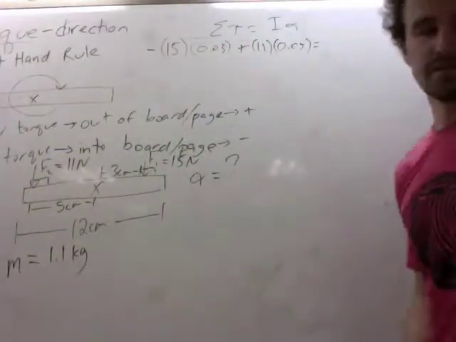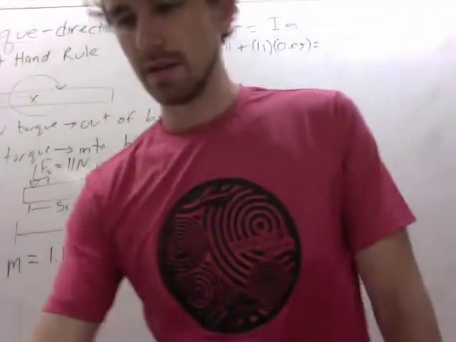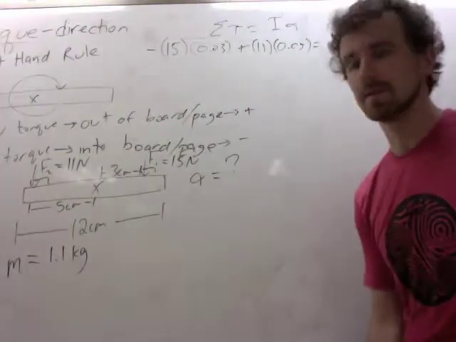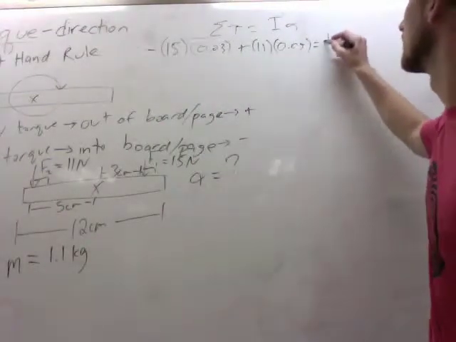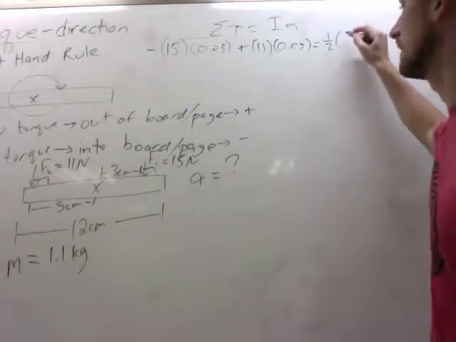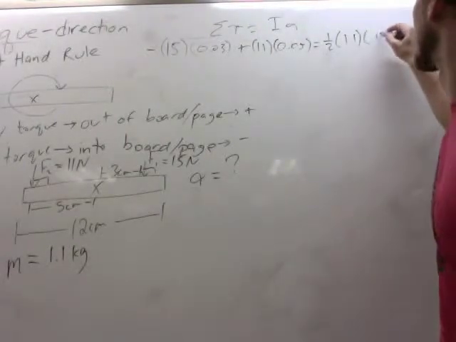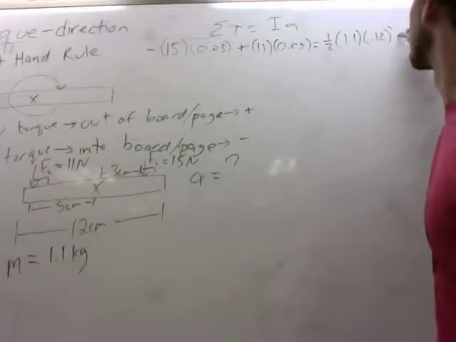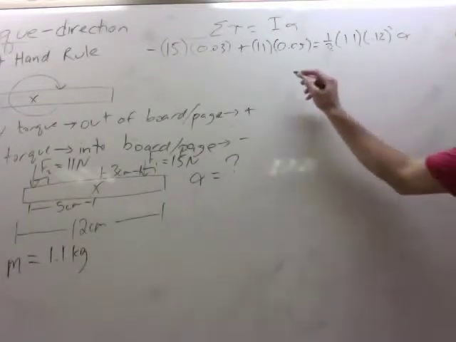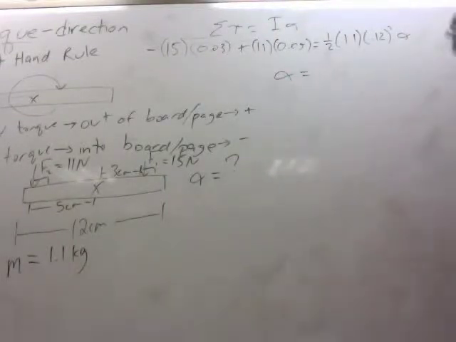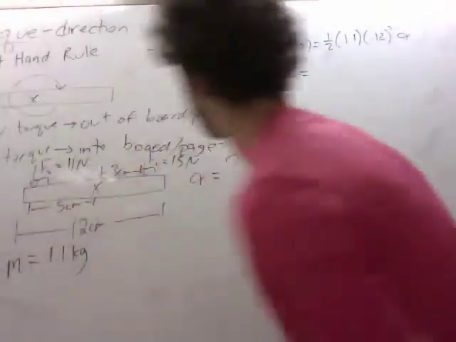Then, looking at our handy-dandy chart, a long rod with axis through the midpoint, the moment of inertia is 1/2 m times L squared, times our angular acceleration. And then you could figure out what your angular acceleration is.